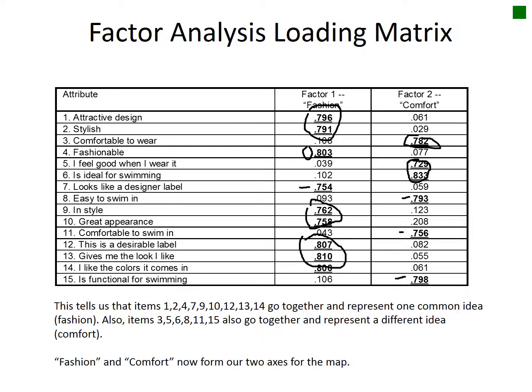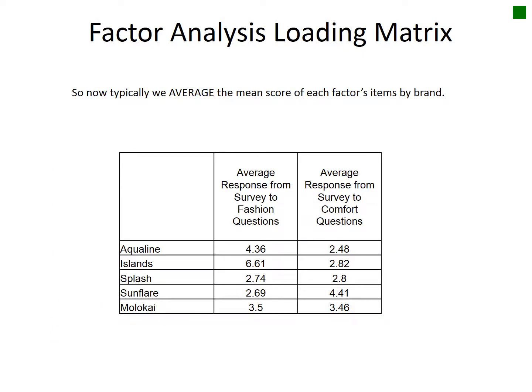And so the next step then is to take our individual brands and find what we call a composite score for each of the different factors, factor 1 and factor 2. So what we'll do is we'll take an average score for the questions that relate to fashion for each of our different brands.